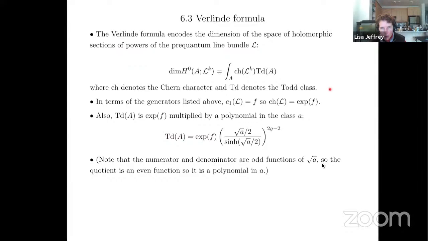So the Chern character is just e to the F, and the Todd class is e to the F multiplied by a polynomial in the class A. I write it as a rational expression in A and square root of A, but because these are even functions, it winds up being a polynomial in A. So that's what we're evaluating.